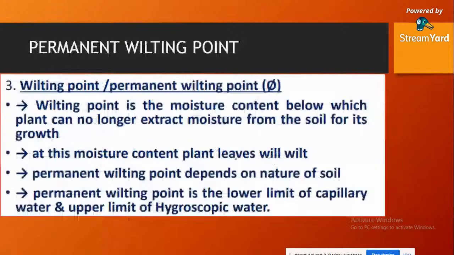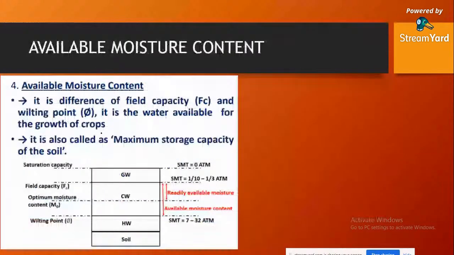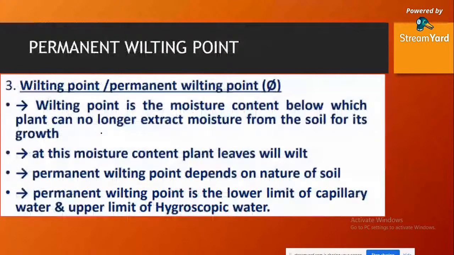Permanent wilting point, I told you. Better I should draw it here again. This is my soil, the dry soil. Above the soil this is called hygroscopic water. Above hygroscopic water this is called capillary water, and above capillary water this is gravitational water.